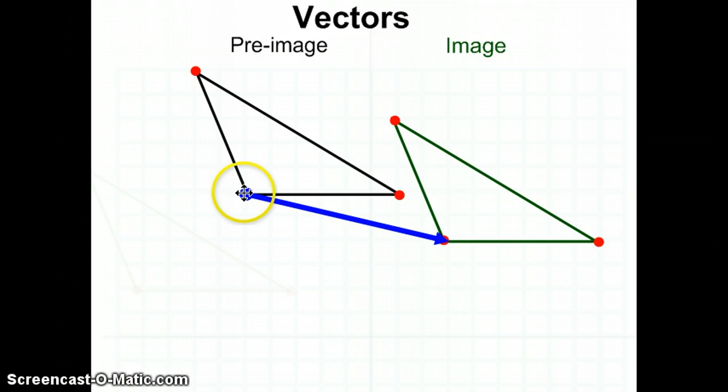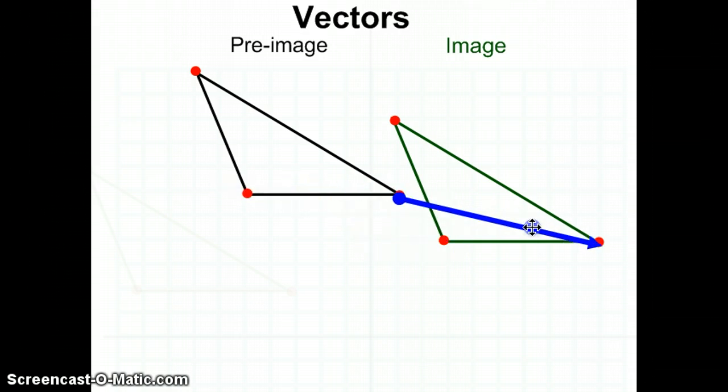So the initial point corresponds to a point on the pre-image of the vector, and the terminal point of the vector corresponds to a point on the image. And as you can see, if I start the initial point anywhere on the original shape, the terminal point will point to the corresponding point on the transformed image.